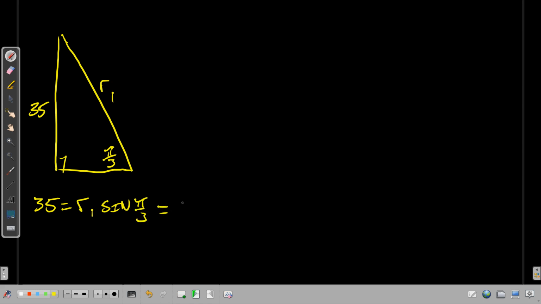And sine of pi over 3 is square root of 3 over 2, so this is R1 square root of 3 over 2. Okay, super.